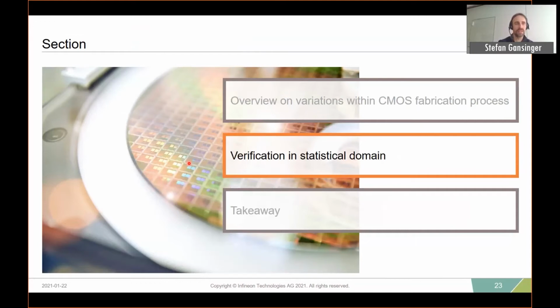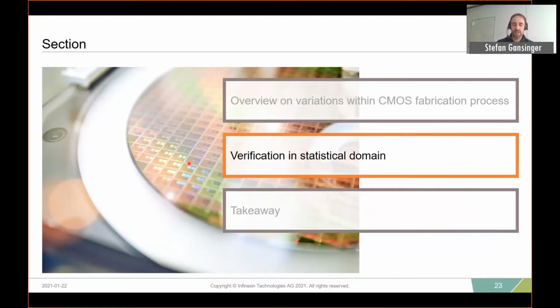For the global variations, we use design concepts based on matching rather than on absolute parameters. And for the local variation, or the mismatch, we do two things. We reduce the systematic offset, and with smart sizing, we also reduce the random offset, or the mismatch, between two or several devices.